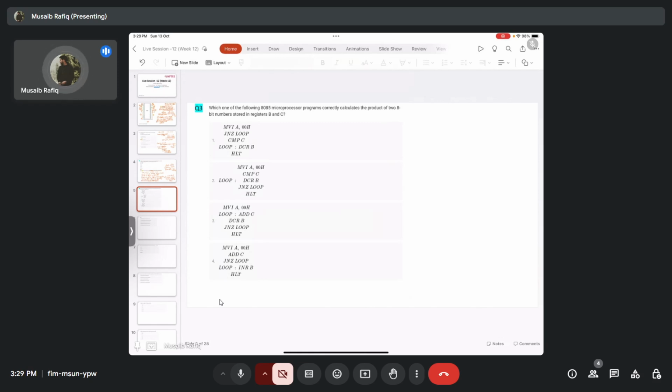Which of the following 8085 microprocessor programs correctly calculate the product of two 8-bit numbers stored in the registers B and C? So the idea is you have to figure out which one of the programs correctly gives you the multiplication of two 8-bit numbers stored in registers B and C. Do it. It should not take more than 1 minute.